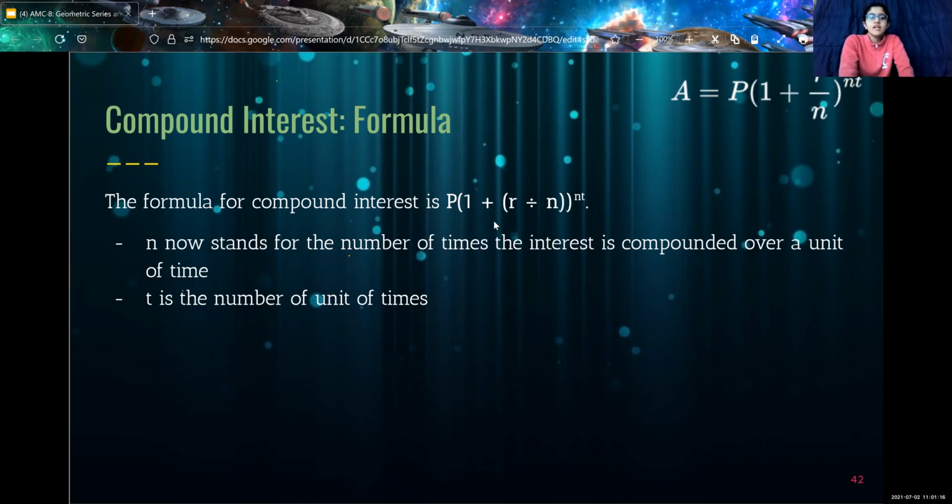If I had to pay for 5 years, then T would be 5. P is still the principal and R is still the interest rate.